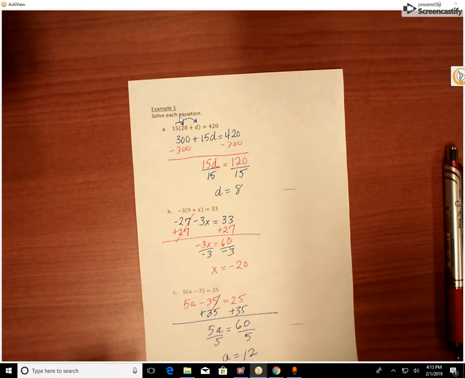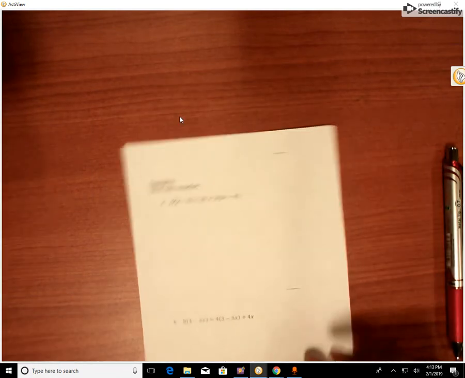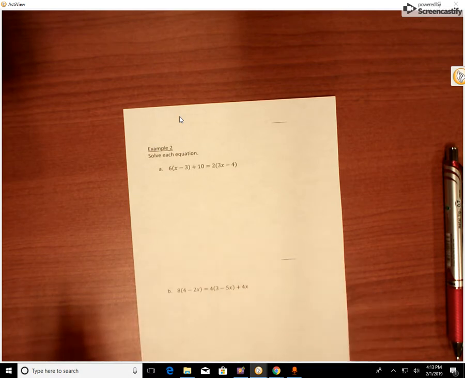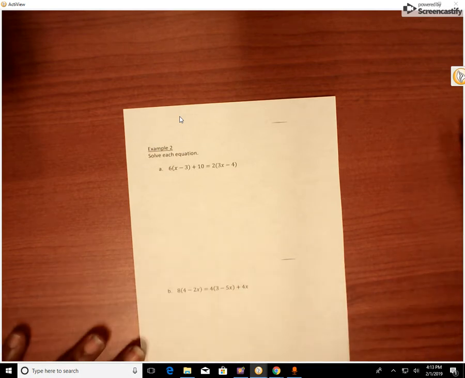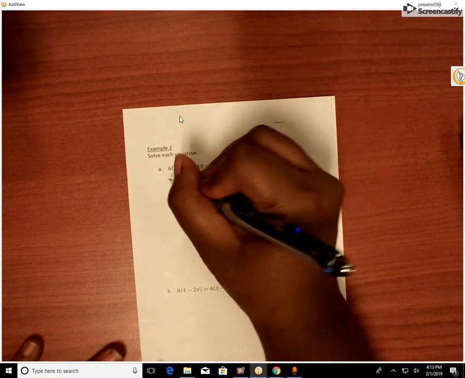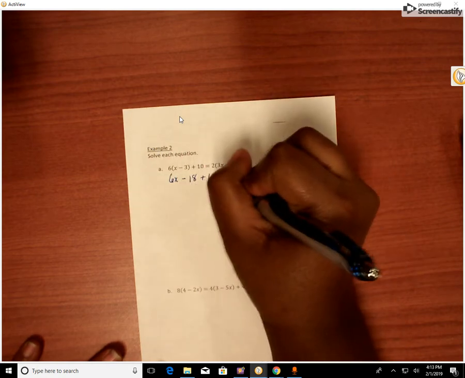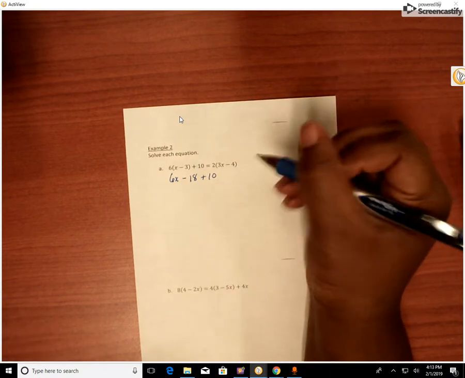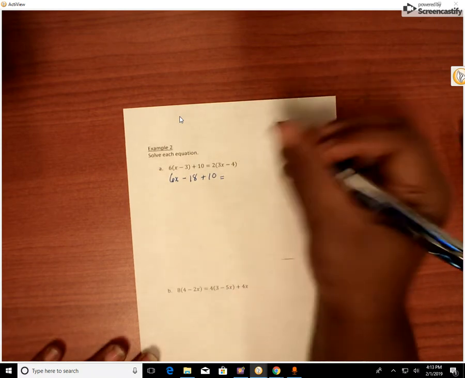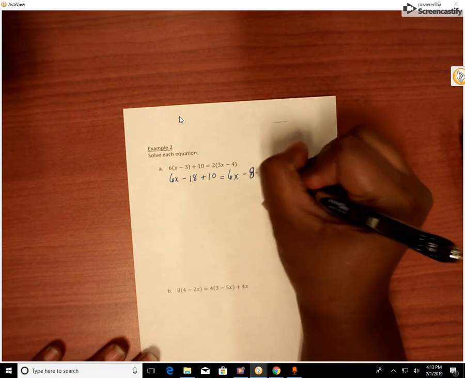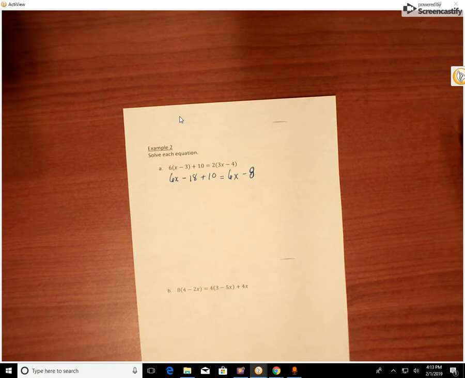So, example 2. Example 2 goes a little deeper. It's a little harder. So here, we are going to solve these equations. We're going to use the distributive property. 6 times x is 6x, minus 18 plus 10, because 6 times negative 3 is negative 18. 2 times 3 is 6x minus 8, because 2 times 4 is 8.